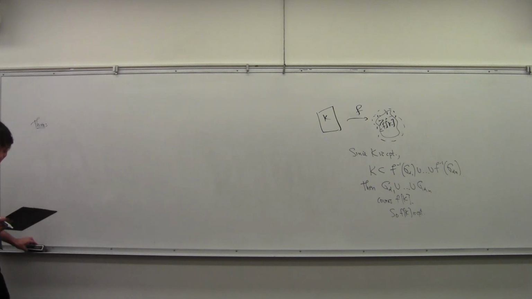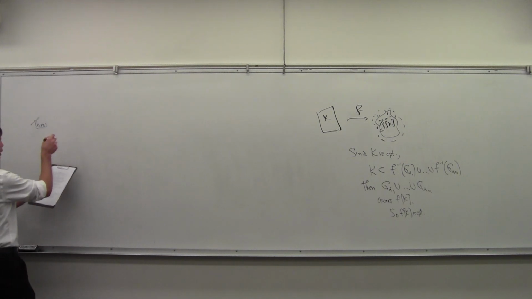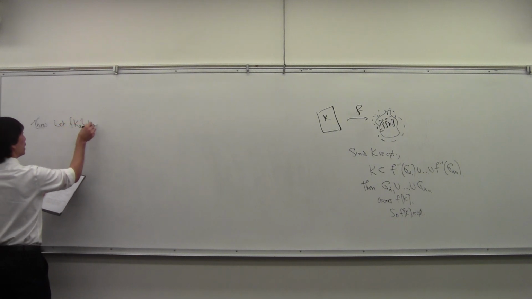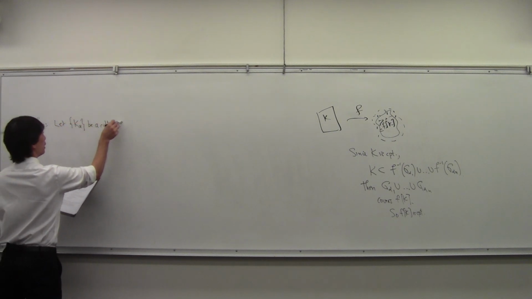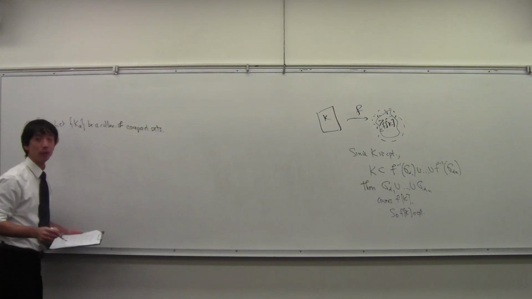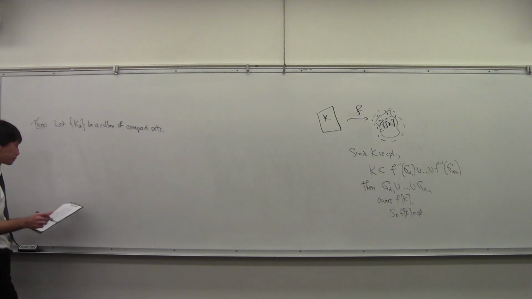We'll see. Okay, so let K alpha be a collection of compact sets. Suppose you have a bunch of compact sets, right?